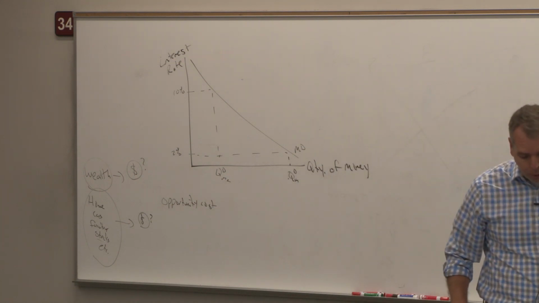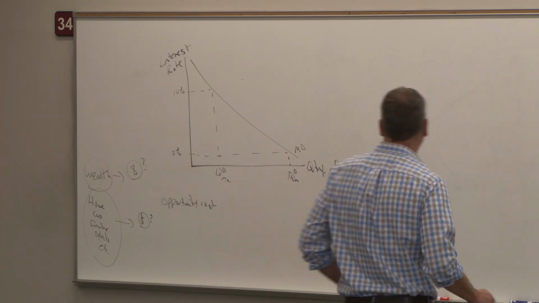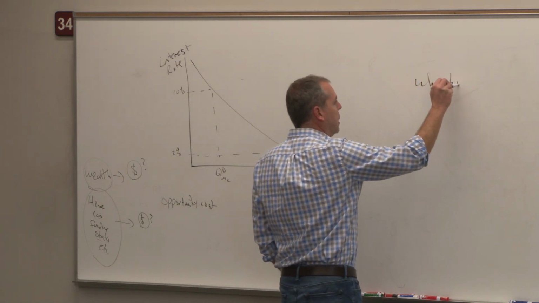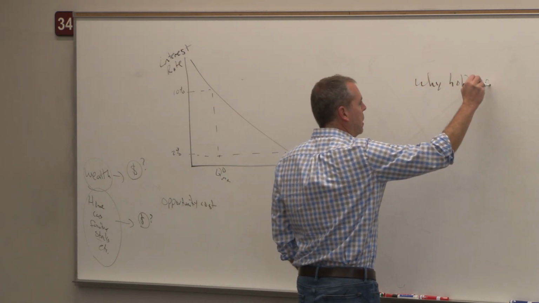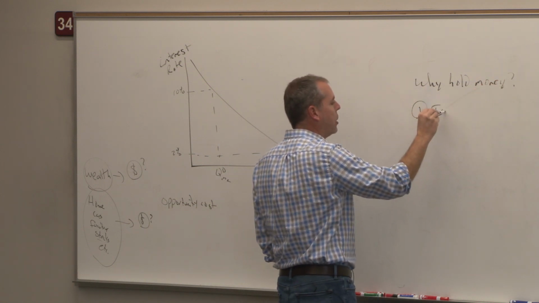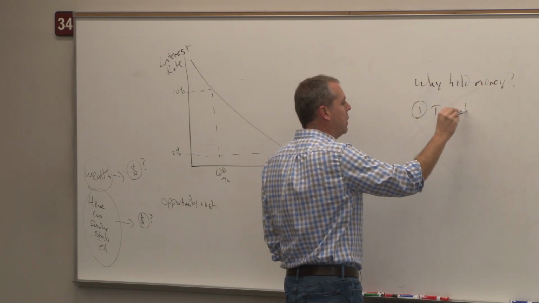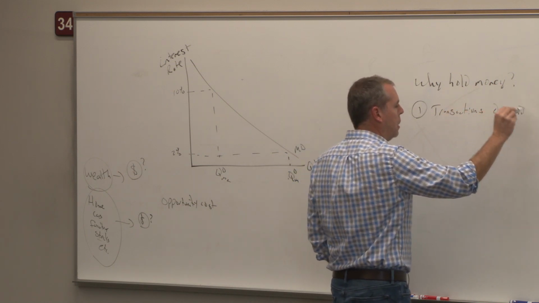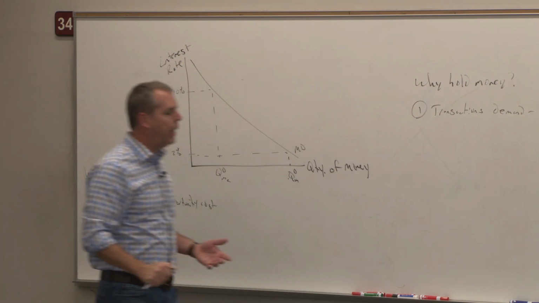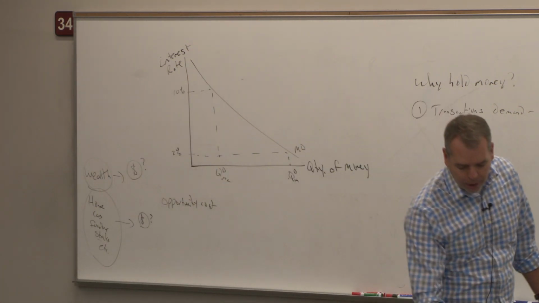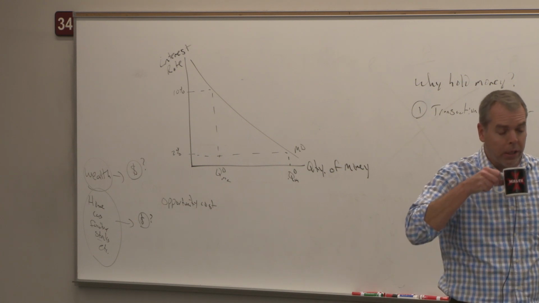So let's look at some of the reasons for holding money. Well, the first one, of course, is this idea of transactions demand. Recall that we need to have, in essence, dollars or euros or yen or whatever currency it is that we're looking at in order to conduct transactions.